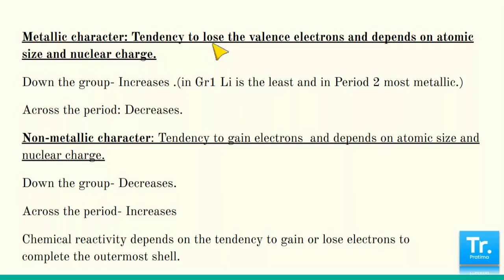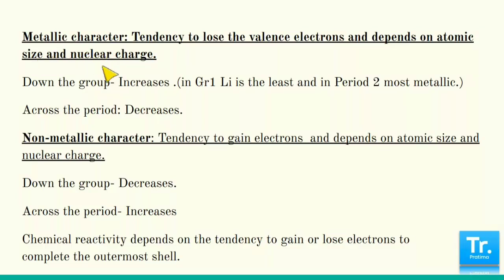Now how do these factors vary? If the atomic size is more, there will be lesser nuclear pull, so it is easy for a valence electron to be removed, therefore more metallic character. If the nuclear charge is more, there will be more pull by the nucleus, or the force exerted by the nucleus, so difficulty to remove the valence electron, therefore less metallic character.